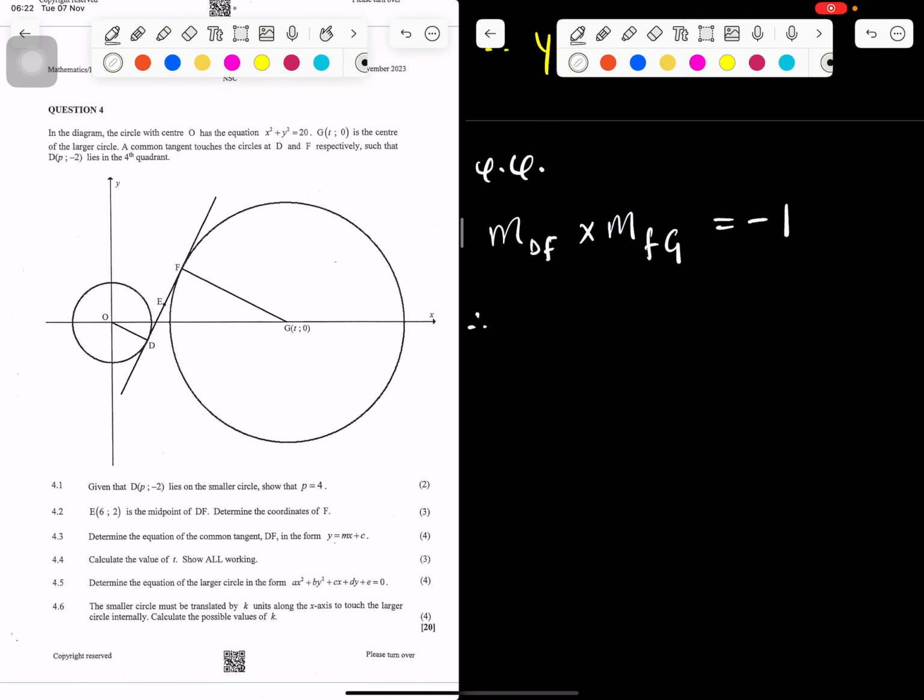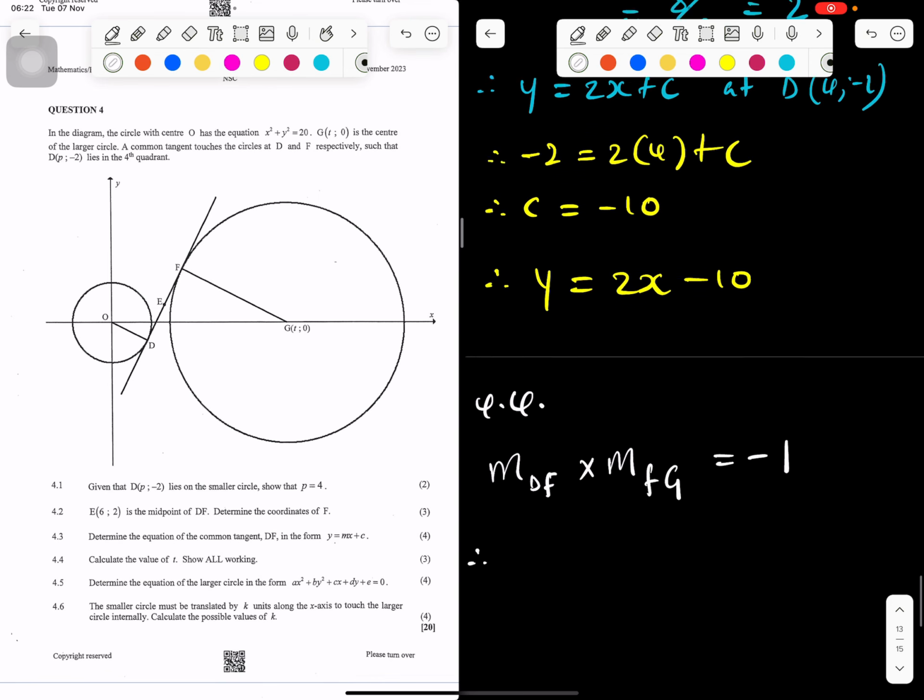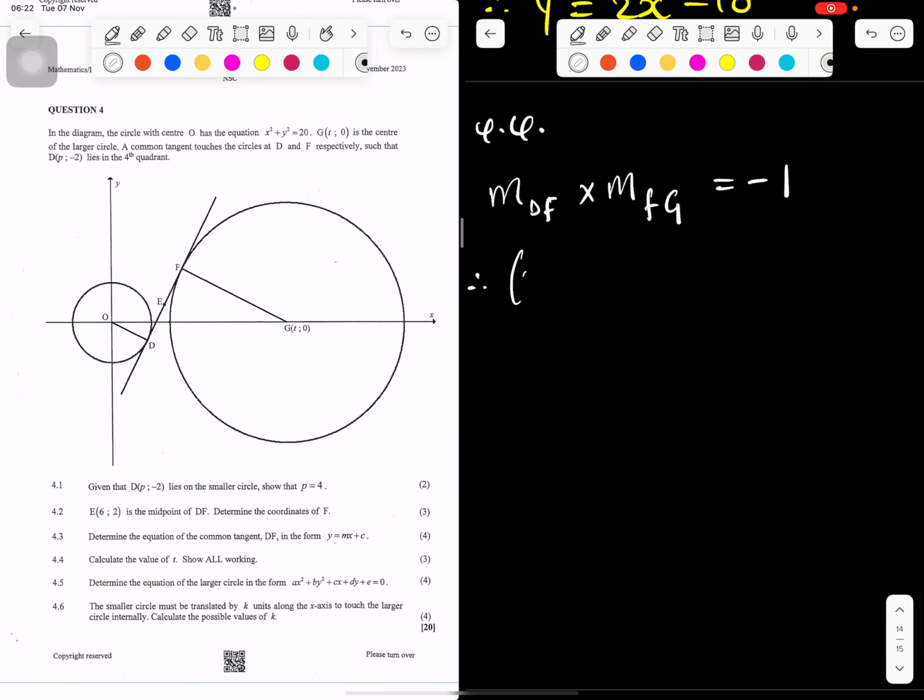Therefore, the gradient of DF, the tangent one, is 2. So I'm going to have a 2 here multiplied by the gradient of FG, which we can find here. It's going to be 0 minus the y at F, and the y at F we get 6, over t minus the x at F, and that is 8.